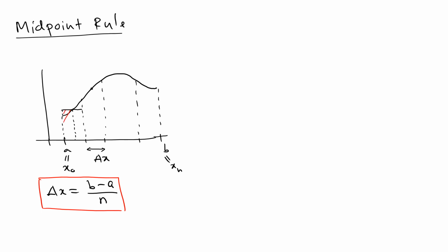So we evaluate this area using the middle point of the interval. We do the same thing: pick the midpoint of this interval, pick that as a representative value, and calculate the area below the interval. We can do that for each and every interval.